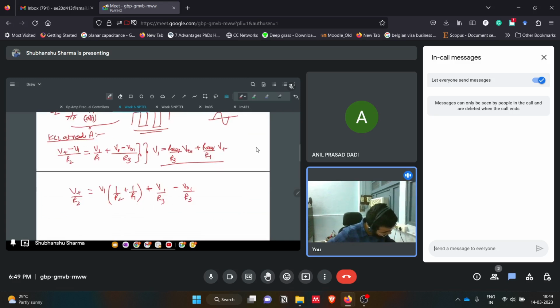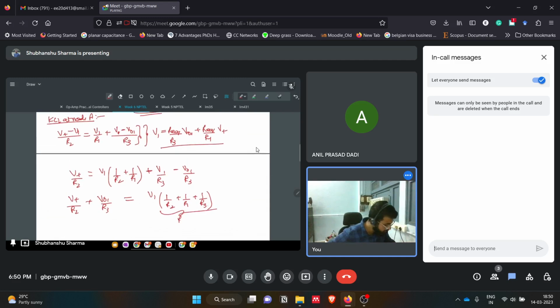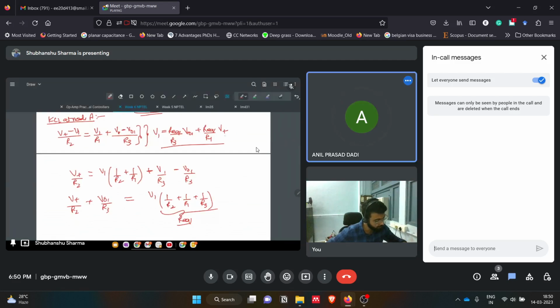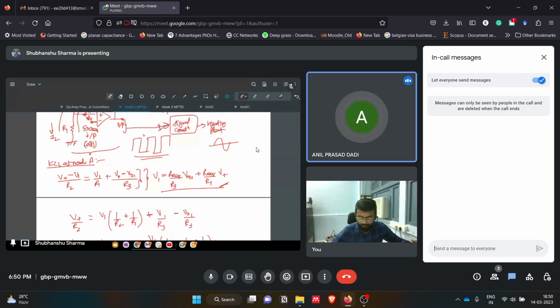So this will be V plus by R2 plus V0 1 by R3 equals V1 times (1 by R2 plus 1 by R1 plus 1 by R3). So this is the R equivalent. Got it? Yes, sir. If we compare from this equation, R equivalent is the parallel combination of R1, R2 and R3. Okay, got it.